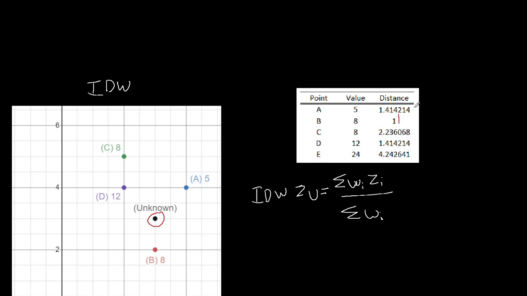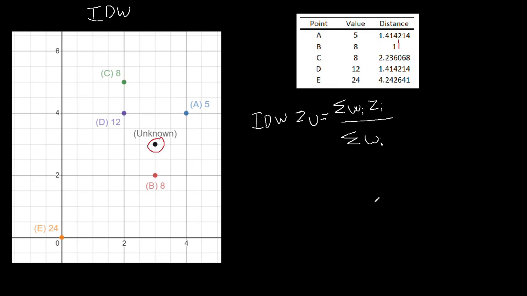And we said previously that the weight was equal to 1 over the distance between U and I to some power we called alpha. And I'm going to do alpha equals 1.